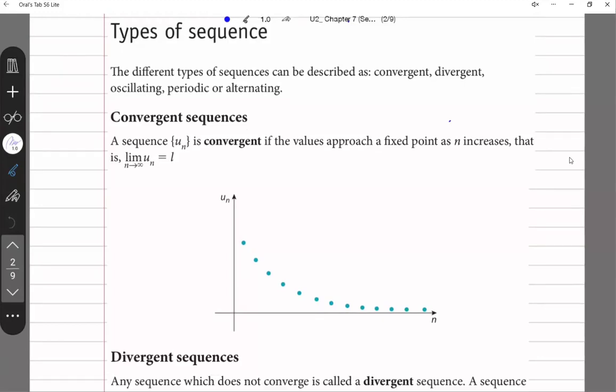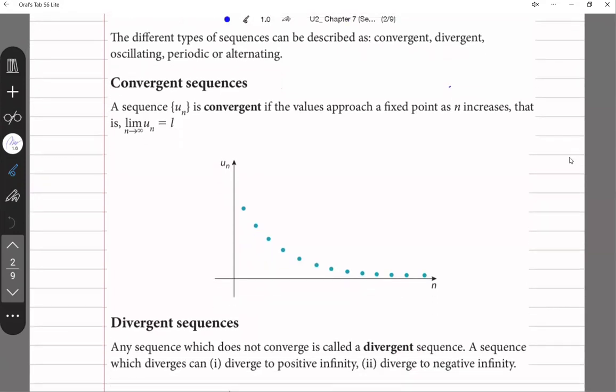The different types of sequence can be described as convergent, divergent, oscillating, periodic, or alternating. Here it is.